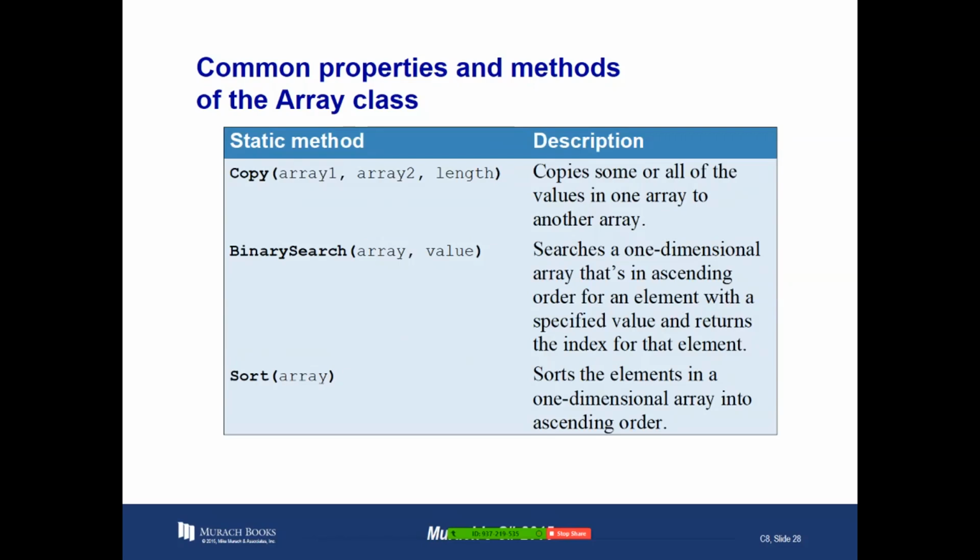And we can copy an array to another array. If we're going along and we wrote some code, and it turns out for some reason we didn't declare our array big enough, which can happen depending on what your program is doing, depending on the application.